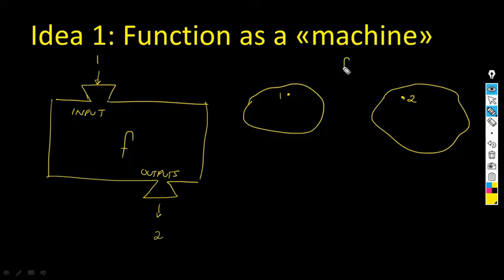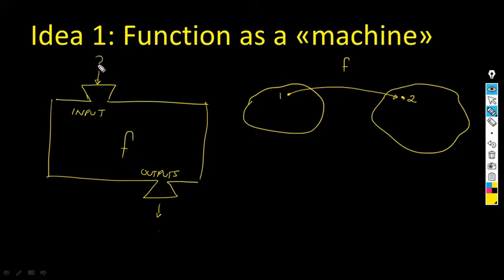And what this machine F is doing is taking this element of this set as an input, and it's transforming it into this output. Input and output, and the machine F is simply transforming this input into this output.